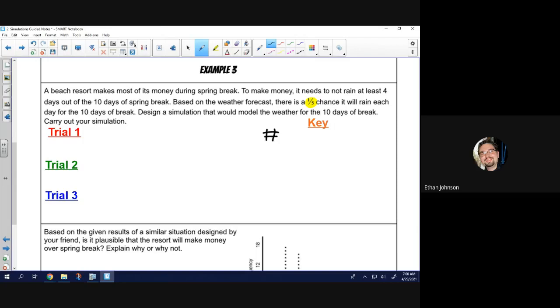Easy choice, 1. So 1 means rain. So if 1 means rain, then the numbers 2 through 5 mean no rain, or the complement.